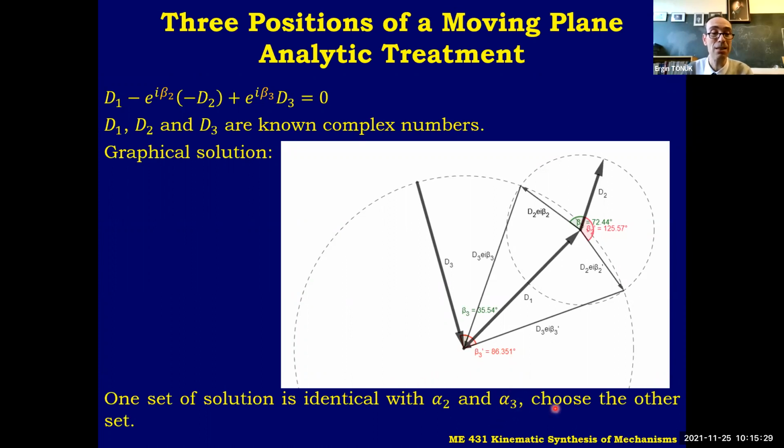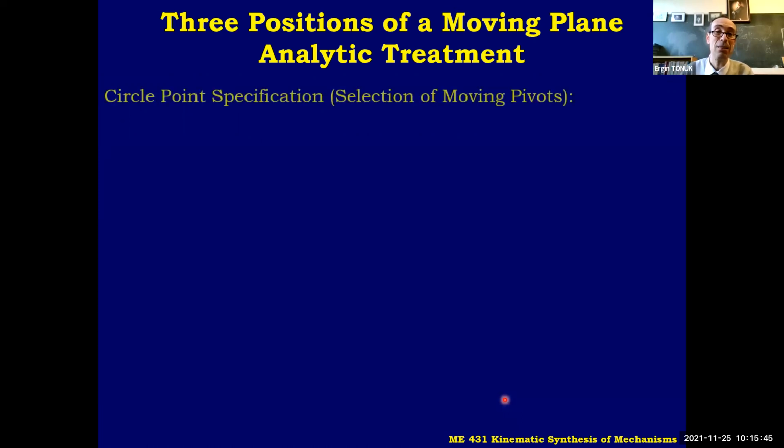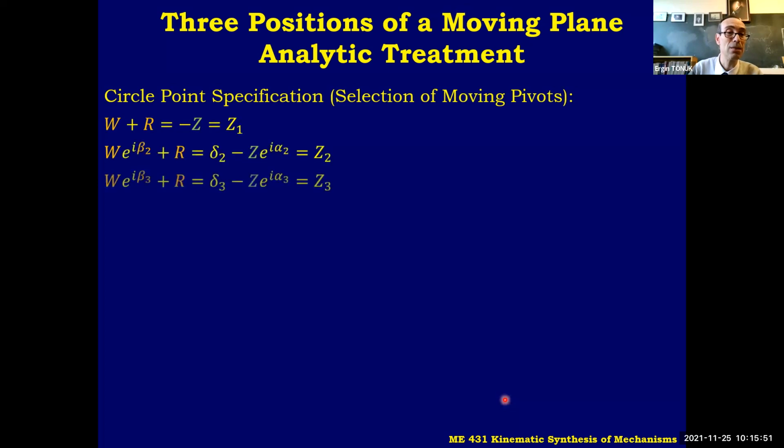It's the other set. Then, by selecting whichever pair is not identical with alpha 2 and alpha 3, you can use these equations like this.